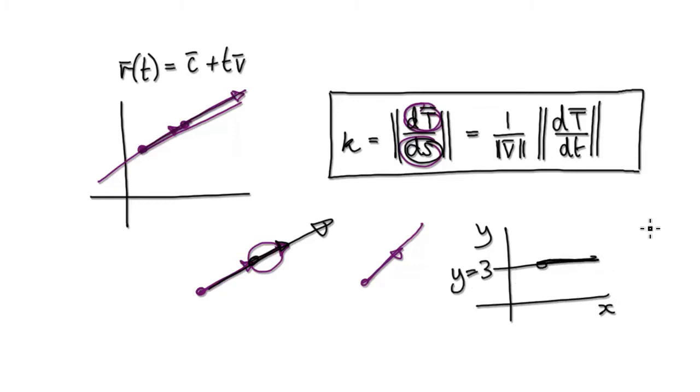It's a horizontal line. In this case, dy by dx is 0. Let's say if I give you y equals 4. If you try and differentiate, dy by dx is going to be equal to 0, because dx is in the same direction as the line.